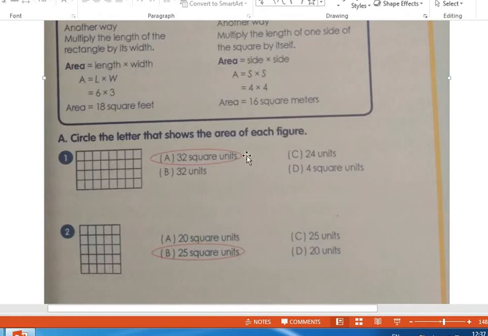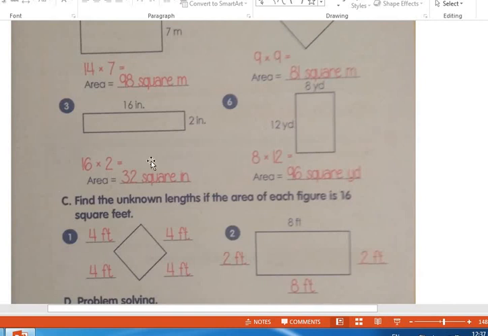Circle the letter that shows the area of each figure. As I told you before, the area equals length times width, so I will count 1, 2, 3, 4, and 1, 2, 3, 4, 5, 6, 7, 8. 8 times 4, 32, and so on. This is easy.